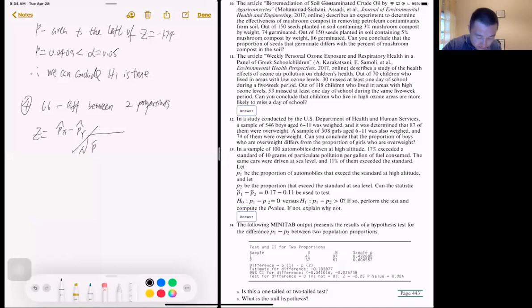And this is called the pooled proportion, which is kind of an average proportion of x and y.